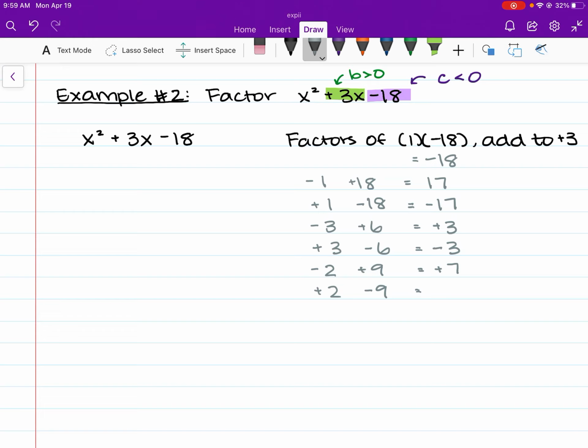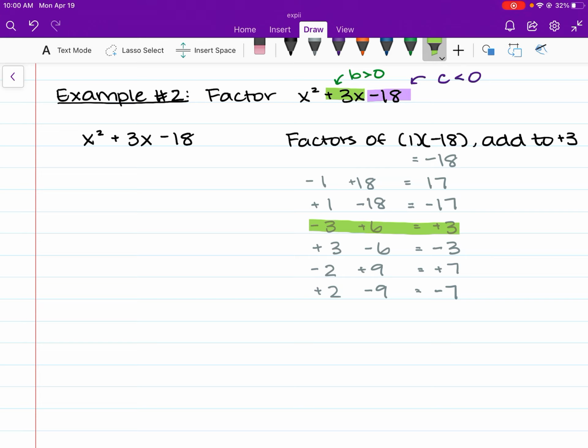And positive 2 minus 9 is negative 7. So we can see here that this set of factors, negative 3 and positive 6, equal positive 3. So the factors of 1 times negative 18 are negative 3 and positive 6 that add to a positive 3.